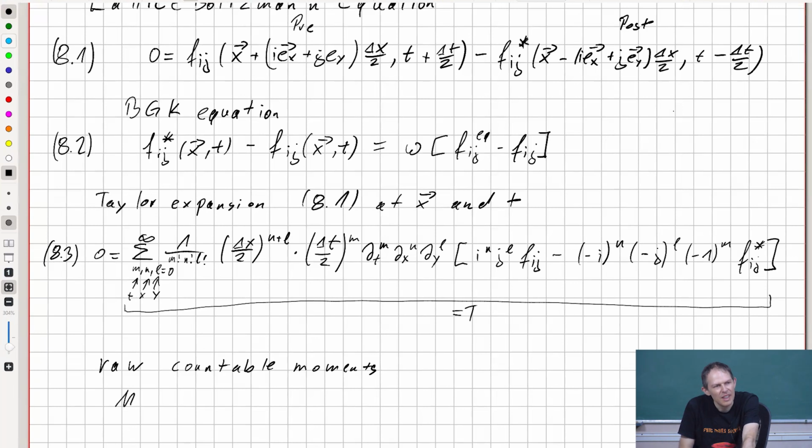By the way, it is very important that we do the expansion here on raw moments, on countable moments. I've seen many students think, okay, we can do this with central moments, but it is not easy to do this asymptotic Taylor expansion with central moments, because central moments are defined pointwise.